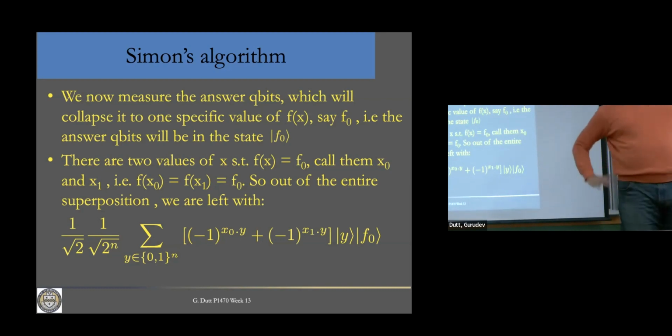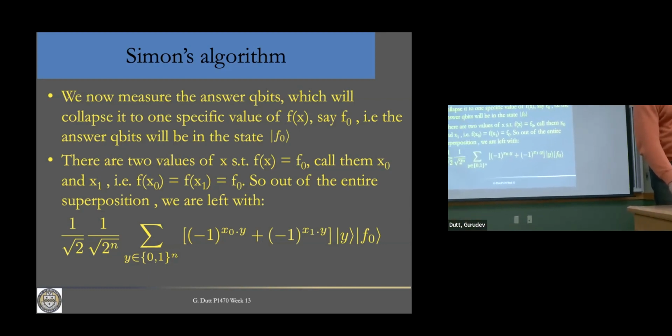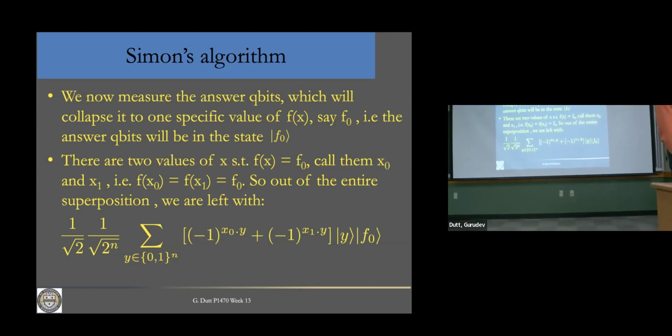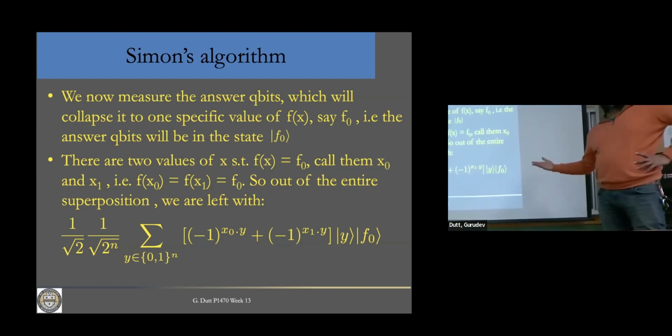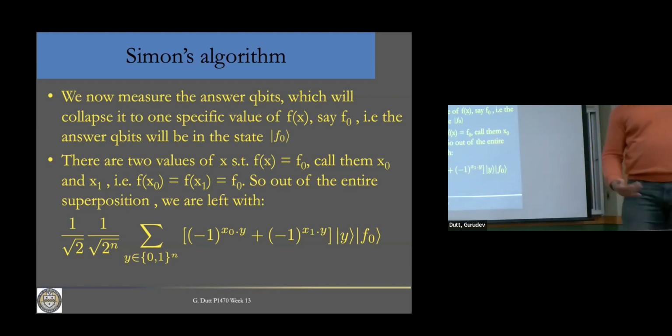So x1 and x naught are related by the secret key s. They are the pairs in our inputs that are mapped to the same output. But we may get any of these pairs in any given answer. That's why we have to do this extra rotation, to try and back out x naught from this superposition.